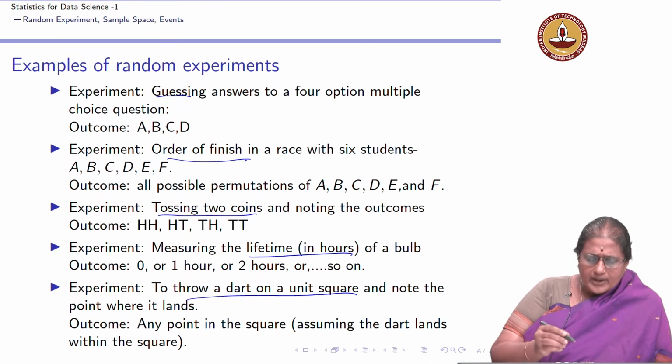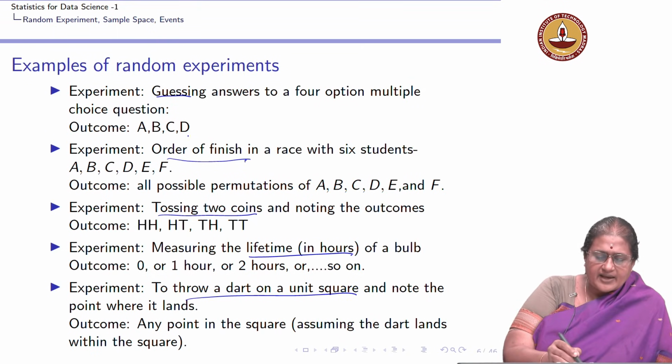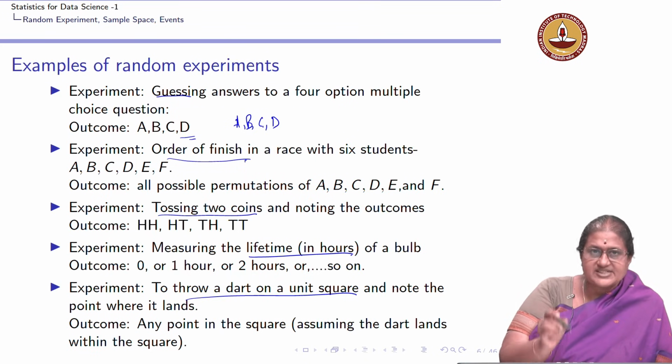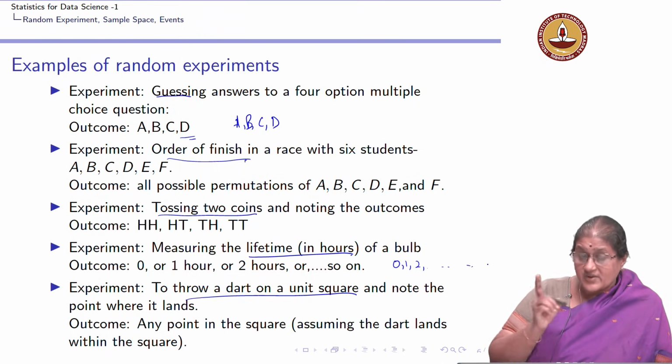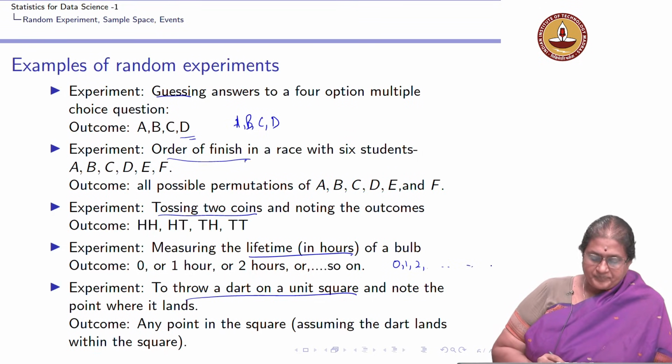Now, when you look at these examples, here I had a finite set. A, B, C, D, only 4 choices, they were discrete and finite. Whereas, here I am writing it as 0, 1, 2 and so on, again discrete choices when I am recording it as hours, but it is infinite.